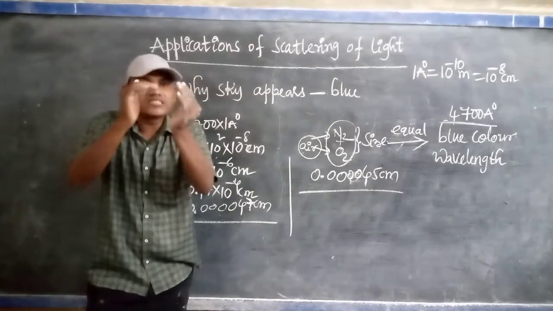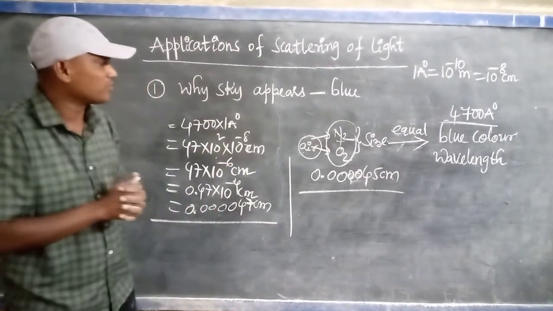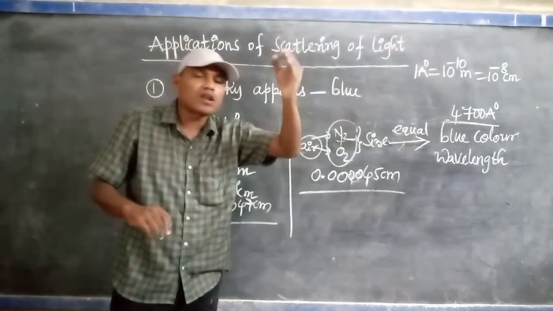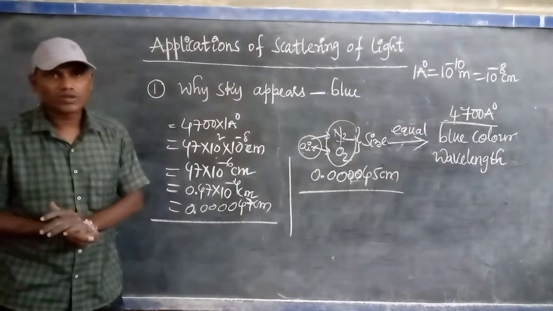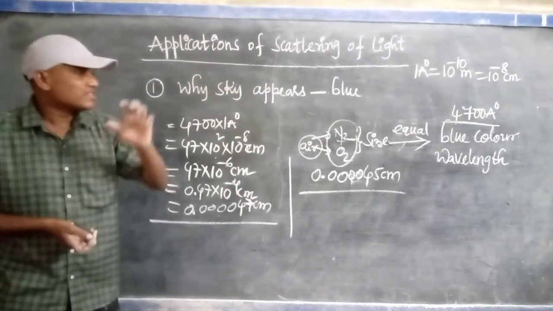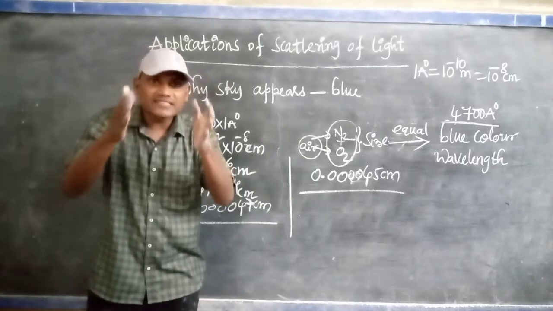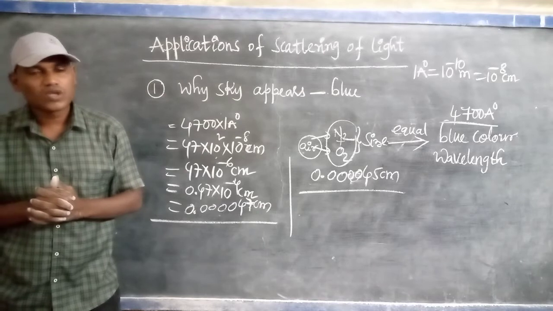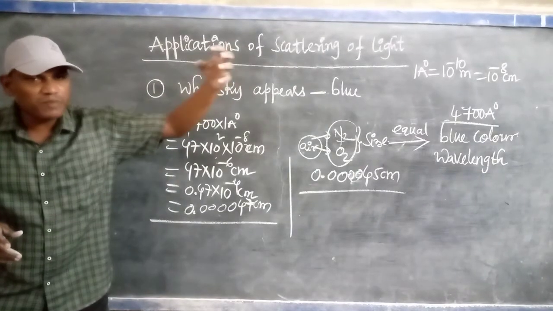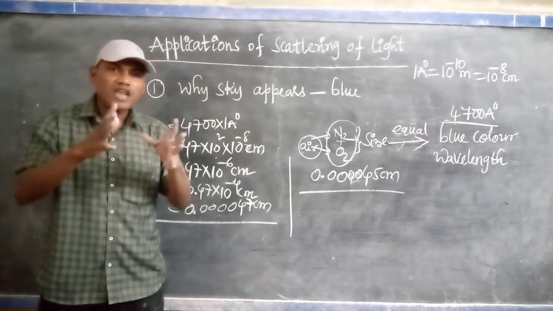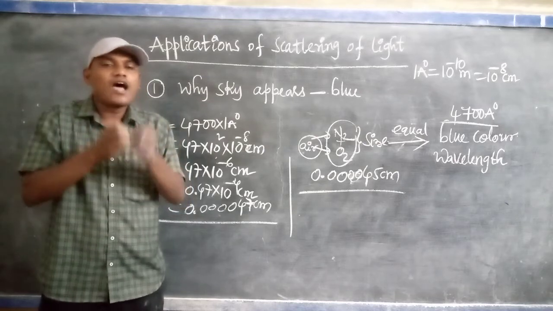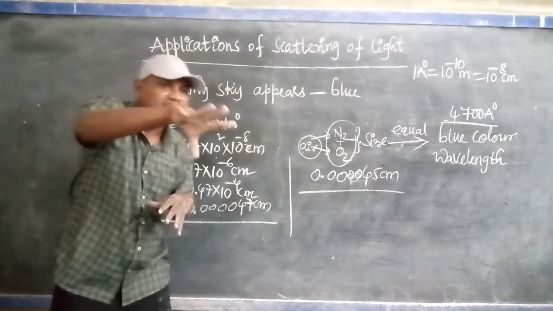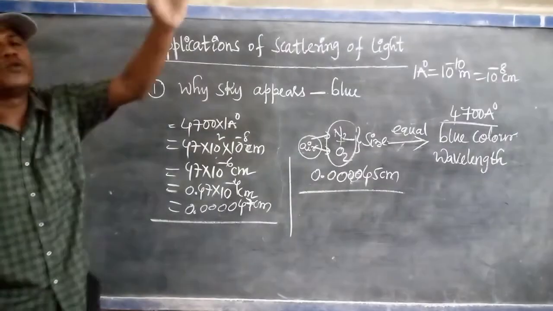The average size of these two molecules is comparatively equal to the wavelength of the blue color of light, so these two molecules act as a scattering center for the blue light only. That's why when sunlight passes through the Earth's atmosphere, these molecules scatter the blue light with higher intensity than the other light. Due to that reason, the sky appears blue.